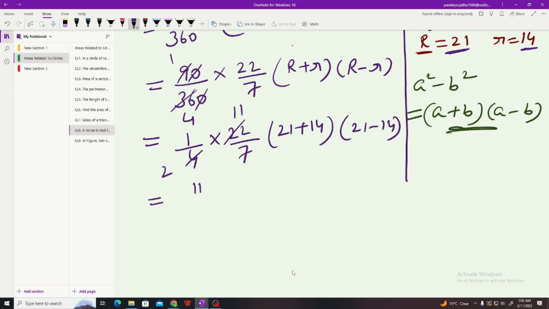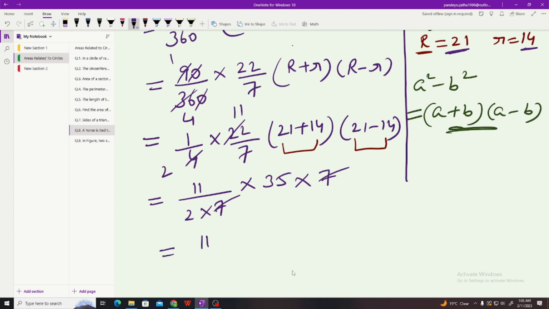So it is 11 upon 2 into 7 into 21 plus 14 is 35, and 21 minus 14 is 7. So this 7 and this 7 get cancelled.